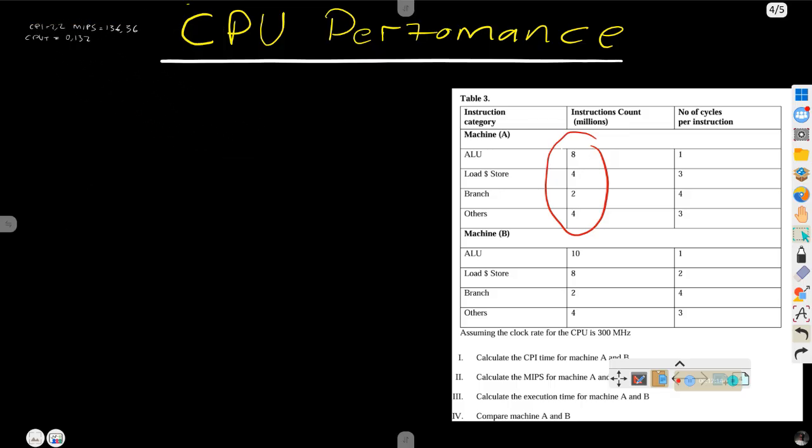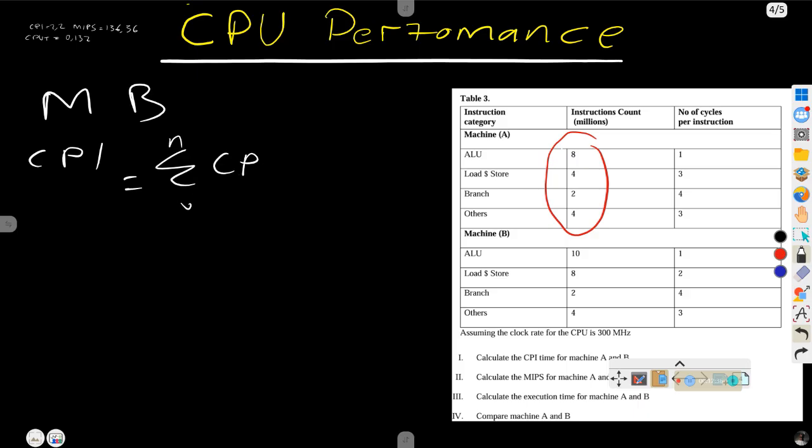Now let's calculate the performance on machine B. Let's start with the CPI. As I said, CPI is the sum of clock per instruction times your cycle over your instruction.